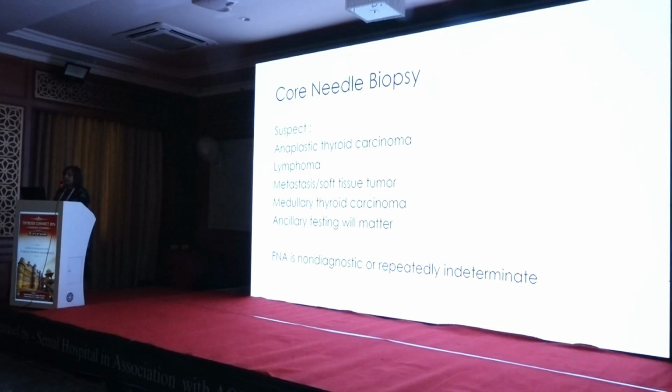So where ancillary testing would be required, in those cases you can do biopsy. But biopsy is not routine. For follicular neoplasm, never do a biopsy, because again, you need the whole capsule, and that's a diagnosis made on resection, not on a biopsy.